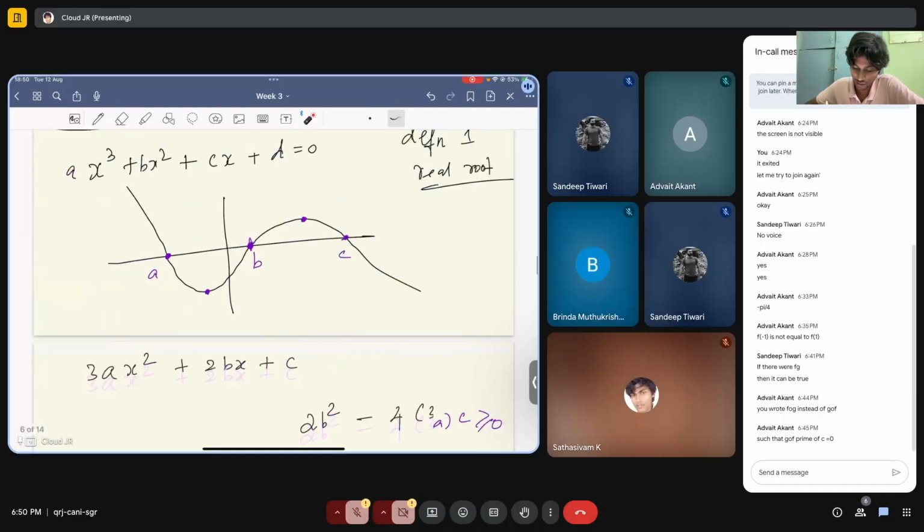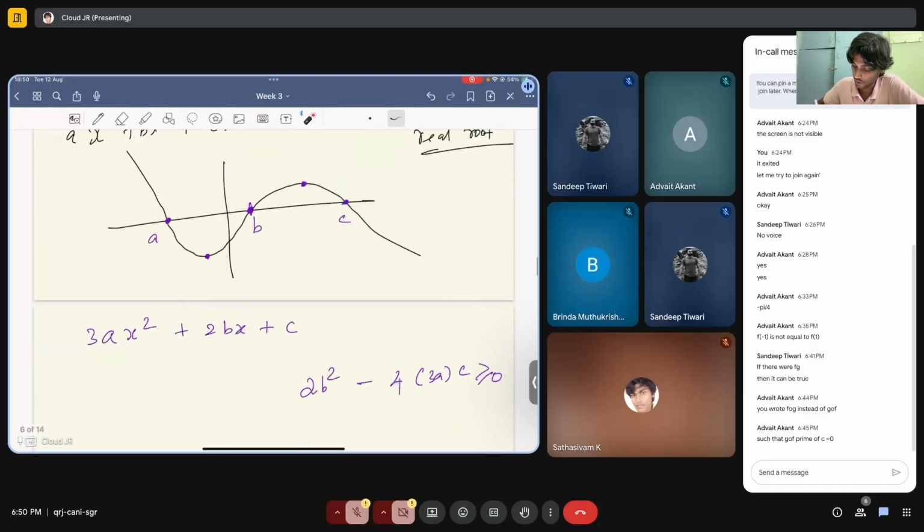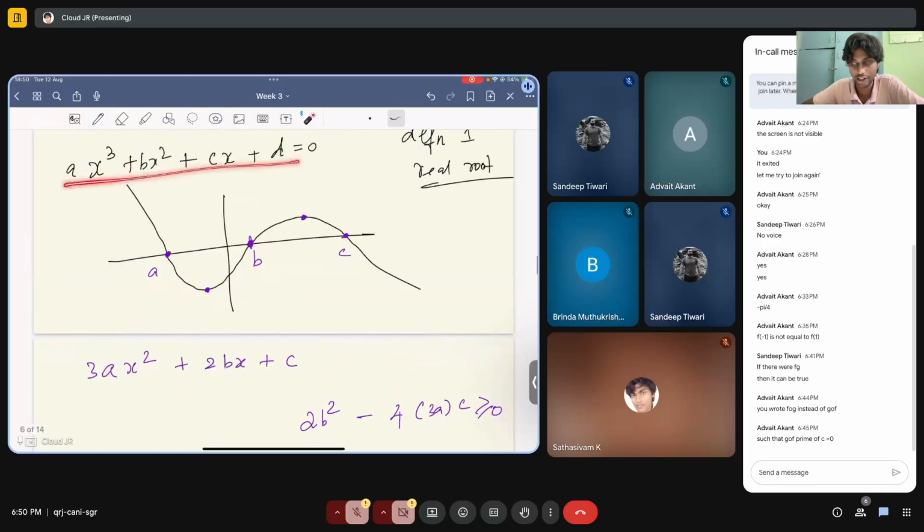Basically, Rolle's theorem tells you that if this polynomial has 3 real roots, then it has to satisfy this condition on its coefficients. So this is kind of like a discriminant, but for higher degree polynomials. I just want to tell you there are interesting things one can do with even just Rolle's theorem.